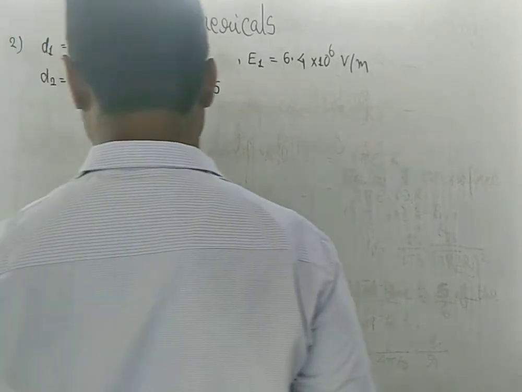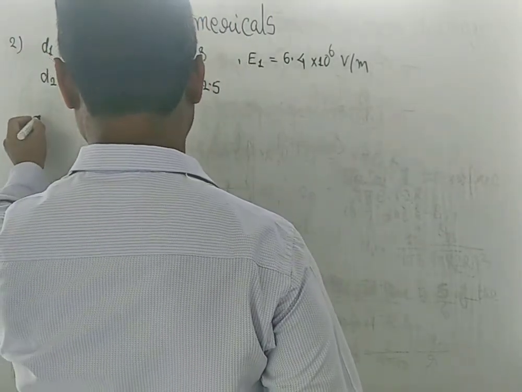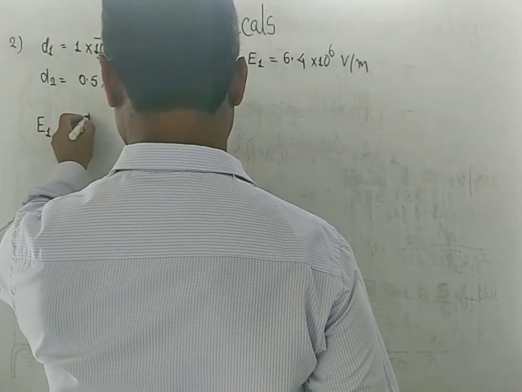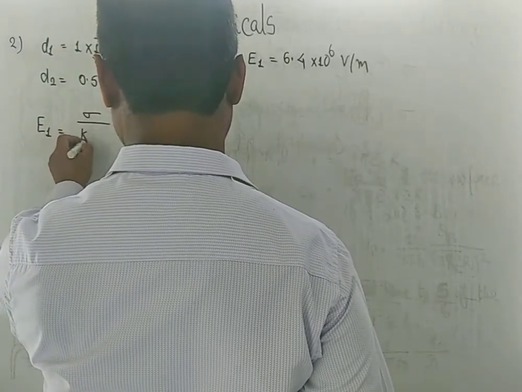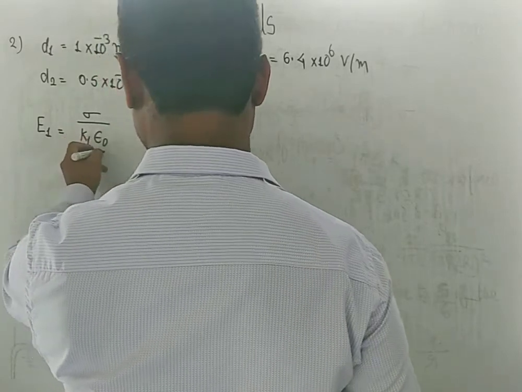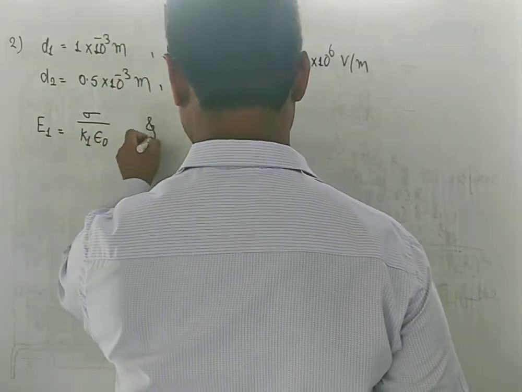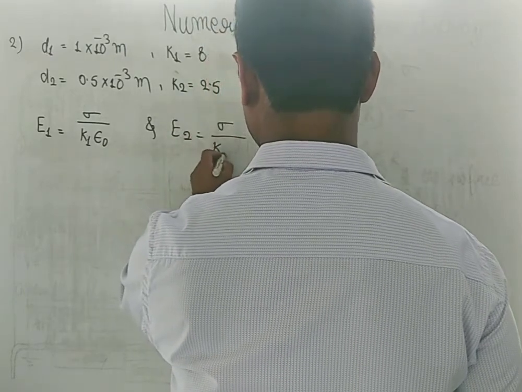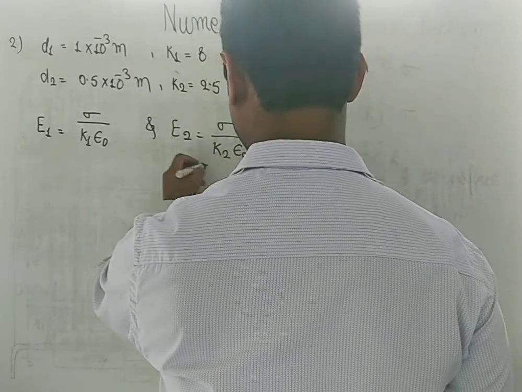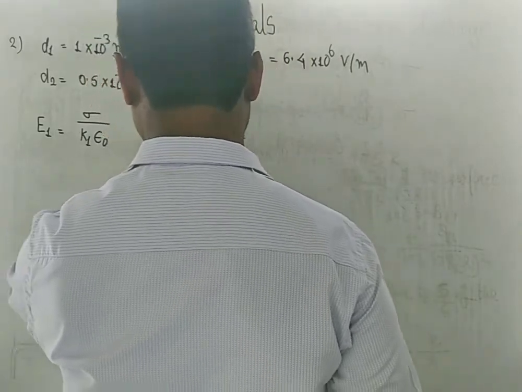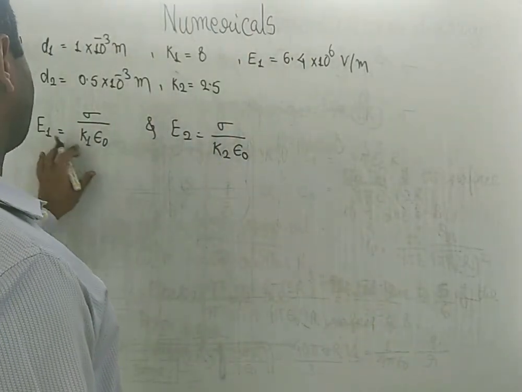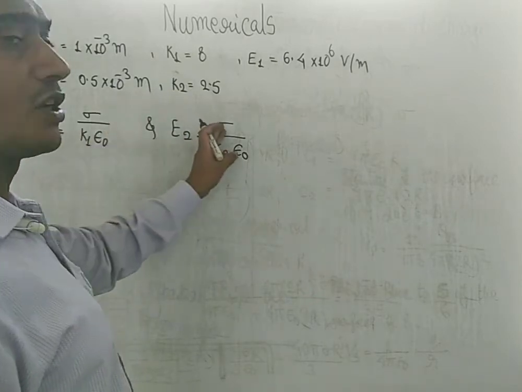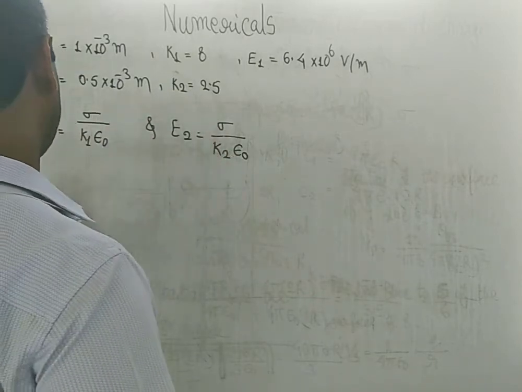Let's start the solution part. Here we can write E1 equals sigma upon K1 into epsilon naught, and E2 equals sigma upon K2 into epsilon naught. Now from cross multiplying, these both will give the value of sigma and we can equate them.